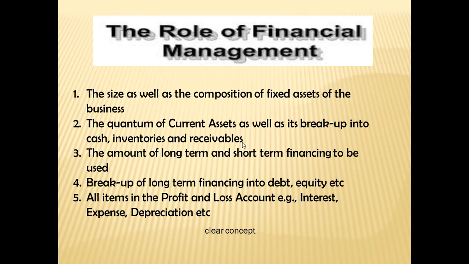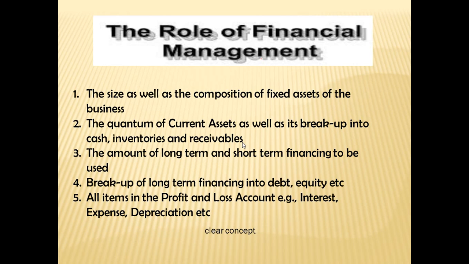For example, interest is related to the amount of debt, depreciation is related to the amount of long-term asset. Discount is related to the position of liquidity, which means that if the position of the liquidity is good, discount can be earned by making timely payments, etc.